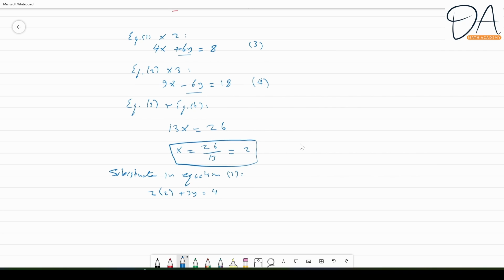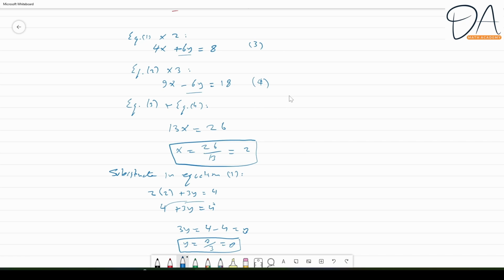So 2 times 2 is 4, plus 3y equals 4. We move the 4 to the other side. What we get is 3y equal to 4 minus 4, that is 0. Then we can divide both sides by 3 to get y. So y will be 0 divided by 3, that is 0. So y is 0. So then our answer is x equal to 2 and y equal to 0.